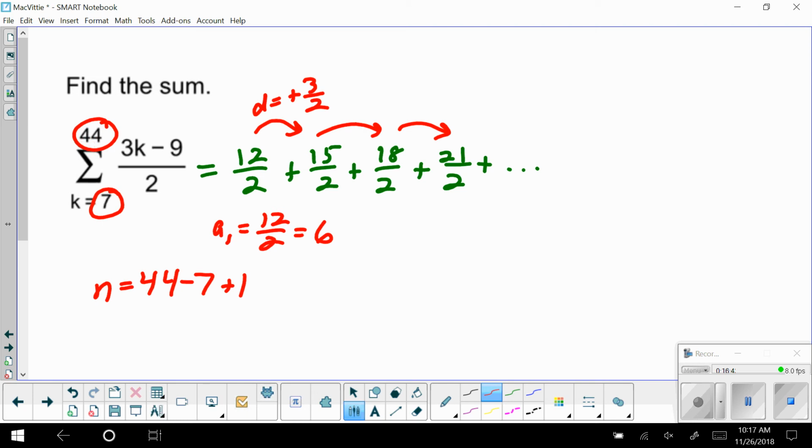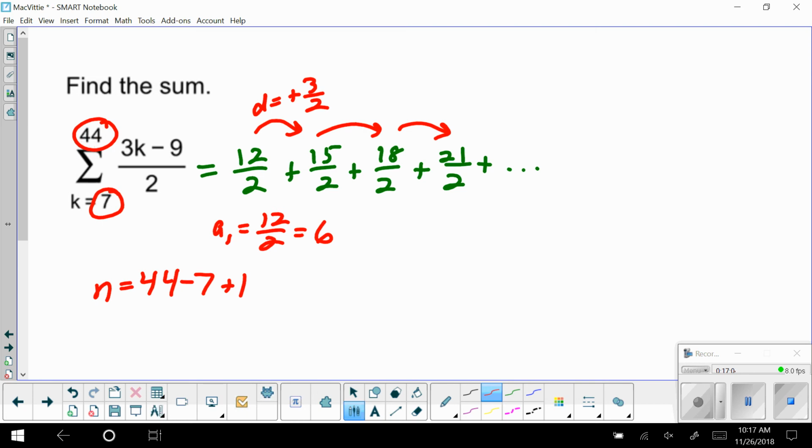But if I do 10 minus 1, that's 9. So I have to add 1 to include my first term, which is why we have to do that plus 1. Because if I just do 44 minus 7, it ignores the fact that I'm using the 7. So to find n, it's that last thing I plugged in minus the first, and then add a 1 to include the first term.